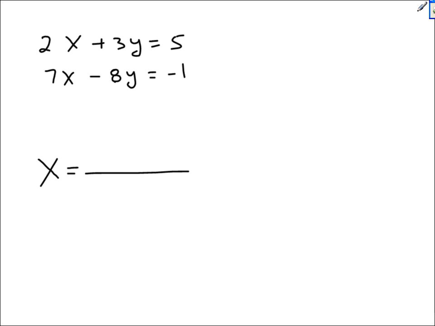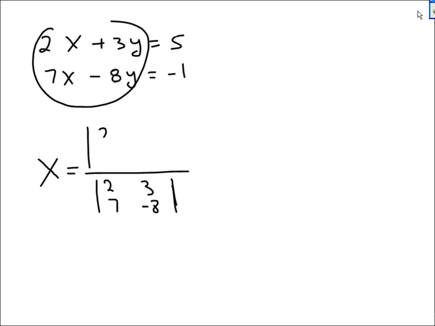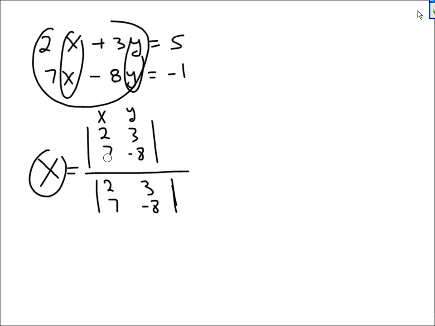On the bottom goes the determinant of just the coefficient matrix: 2, 7, 3, -8. And on the top, you get the exact same determinant with one exception. Remember, x's and then y's. Since we are solving for x, the x numbers are replaced. You put the right-hand numbers instead.